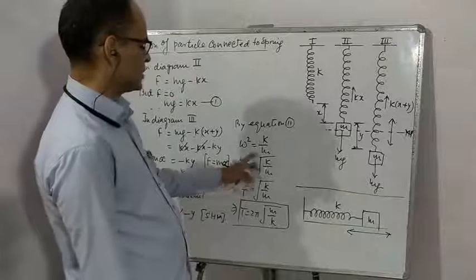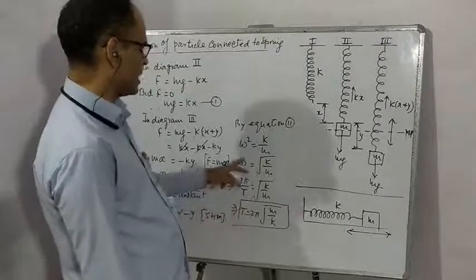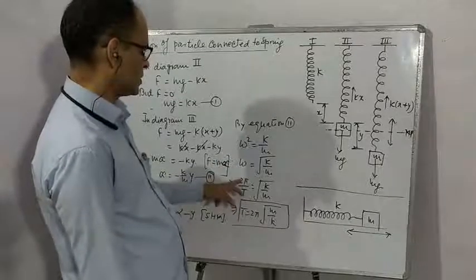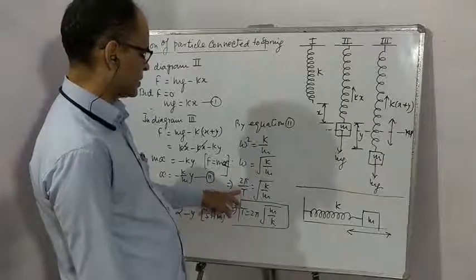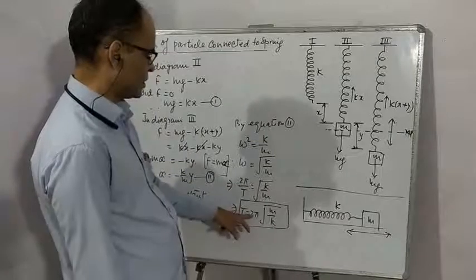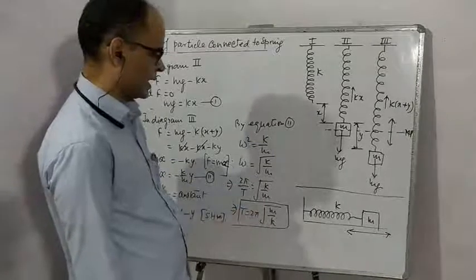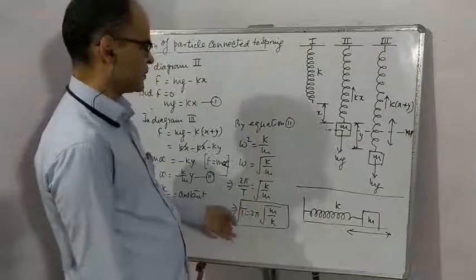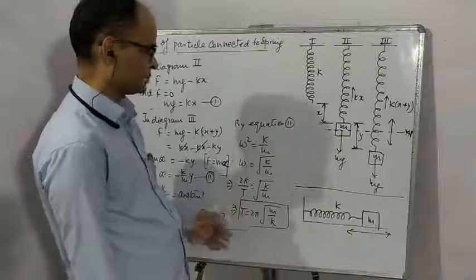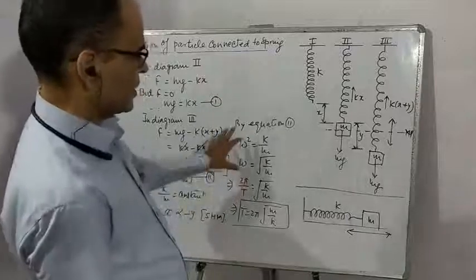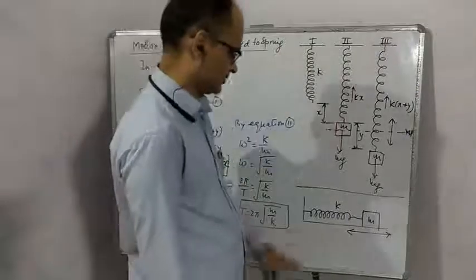So omega is equal to under root k by m, and omega is equal to 2 pi by t, where t is the time period. So from here we get t is equal to 2 pi under root m by k. This is the time period for a particle suspended with a spring. This is the derivation for vertical oscillation.